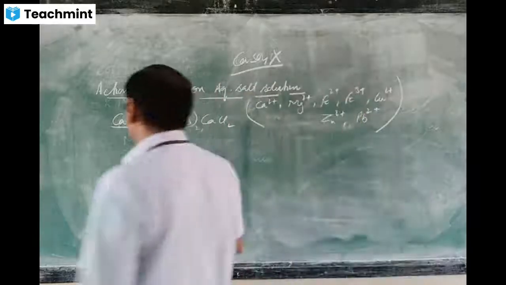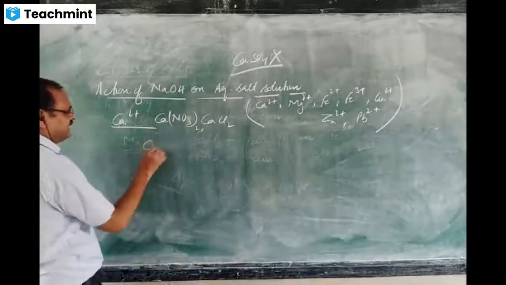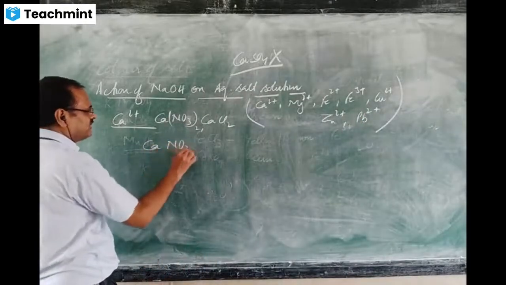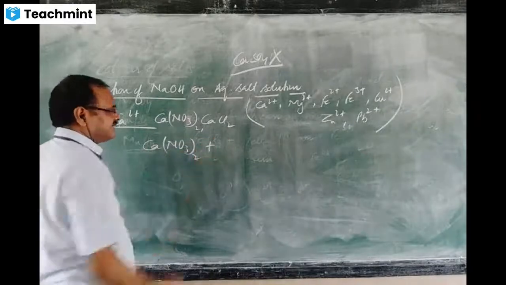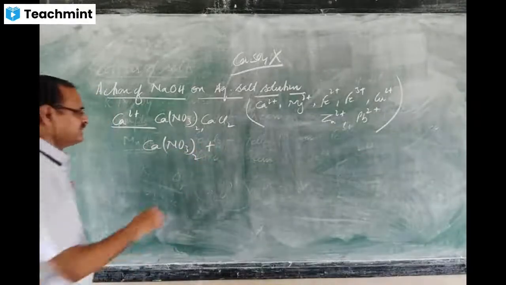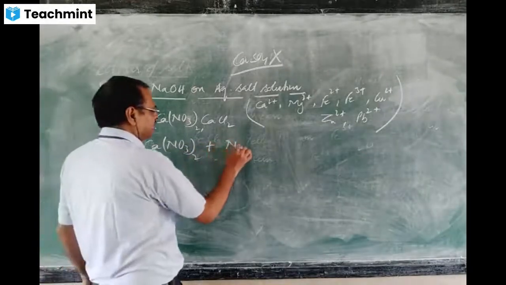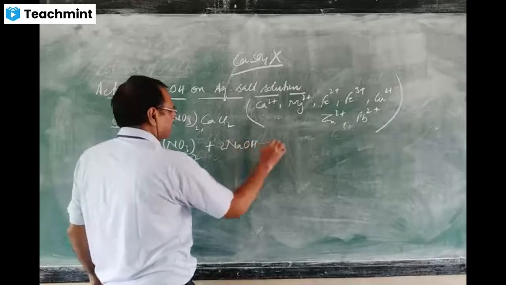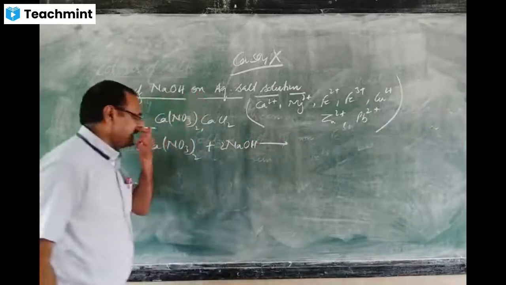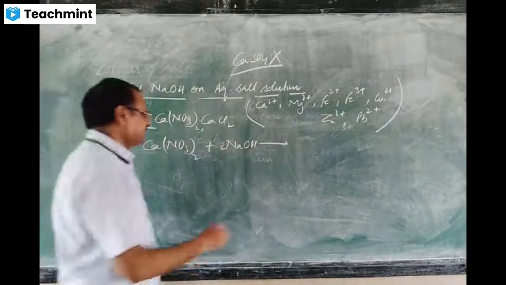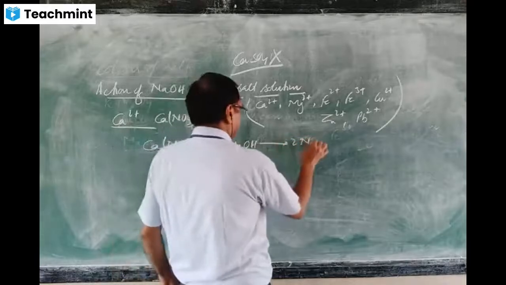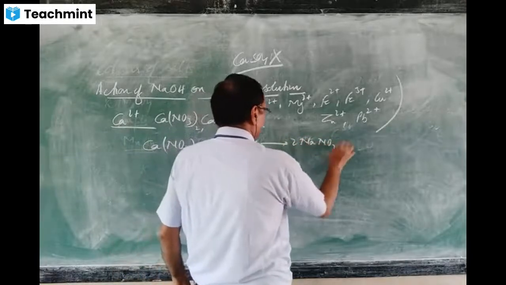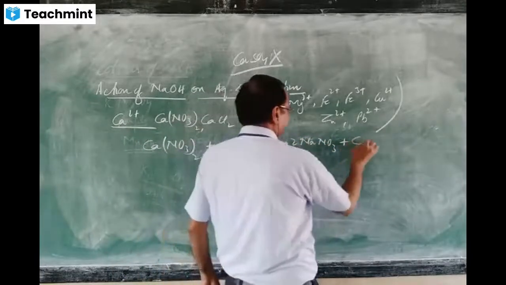So let's see what you will observe. You take the aqueous salt solution of calcium nitrate. In that, you add sodium hydroxide. When sodium hydroxide is added, we get sodium nitrate and calcium hydroxide.